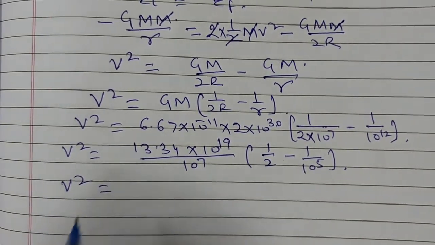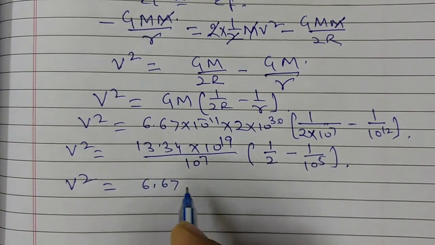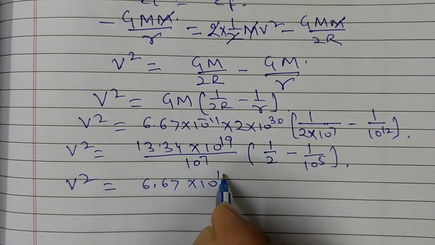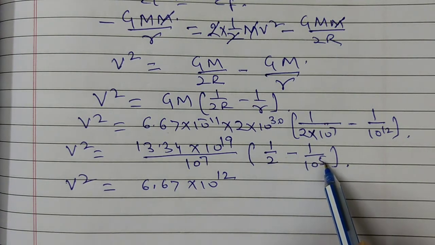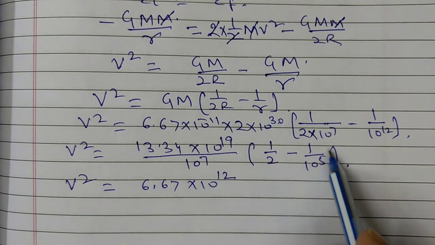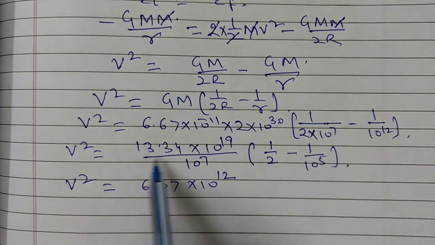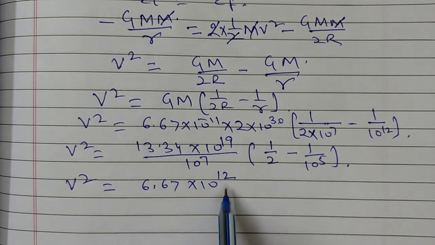Therefore, on solving, this is equal to 6.67 into 10 raised to power 12. This 1 upon 10 raised to power 5 is equal to 10 raised to power minus 5, right? And this is very small. On neglecting this and then on solving, this is equal to 6.67 into 10 raised to power 12.